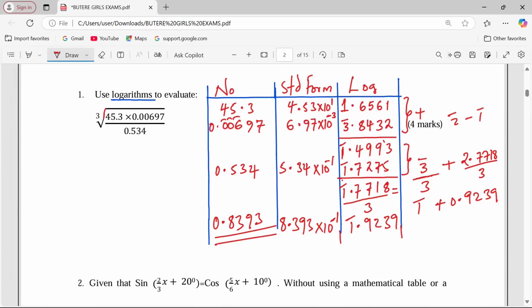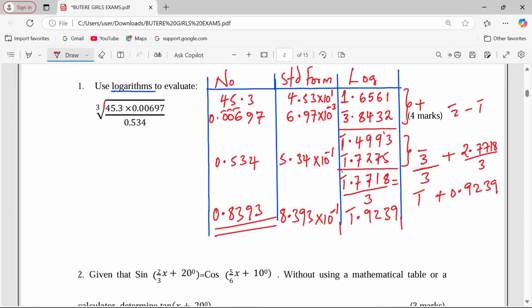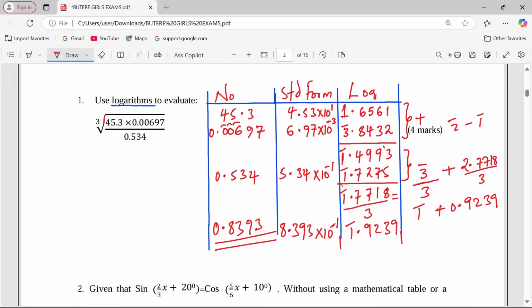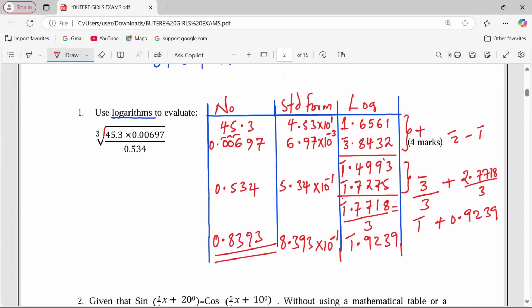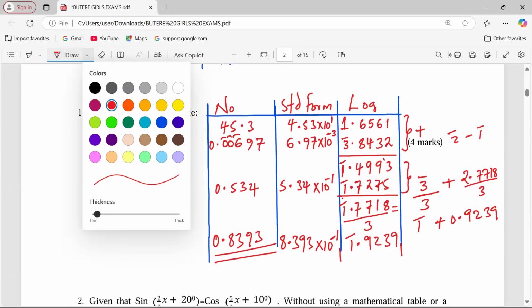So this is now the final answer. These are questions whereby, after the working, you can go to the calculator and work out this value. Then you confirm whether you are correct. Yeah, you just confirm your working. Exactly, I'm correct to 4 significant figures. Using the calculator, I'm getting the same. So that's how accurate you're supposed to be.